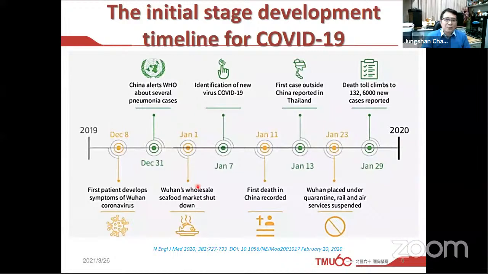In this short period of time, this infectious agent showed it is very powerful and easy to spread from one person to the community.